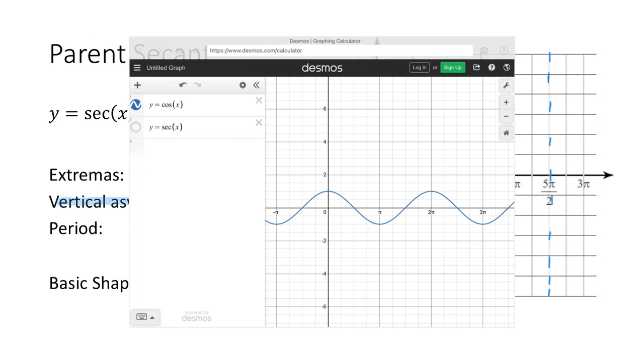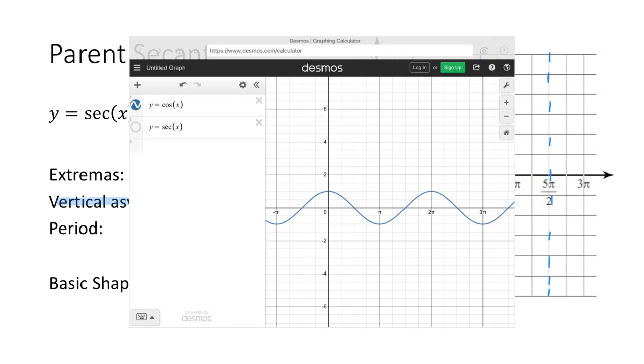Okay, here I have the graph of the cosine function, which is secant's reciprocal. What I'm going to show you is that we start cosine at a max value, and then it dips to the midline, and then it goes to the minimum, midline, and then a maximum. This is our basic shape of cosine, and that just repeats over and over again.